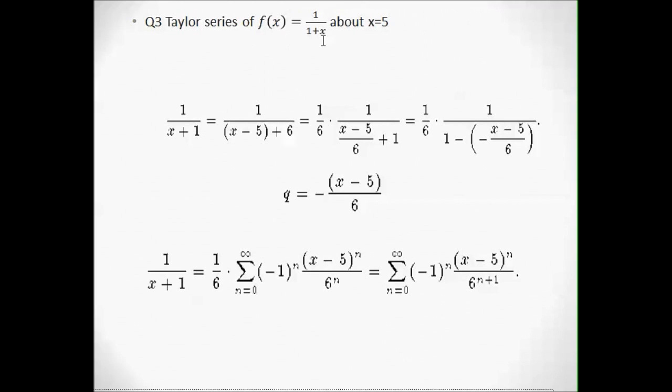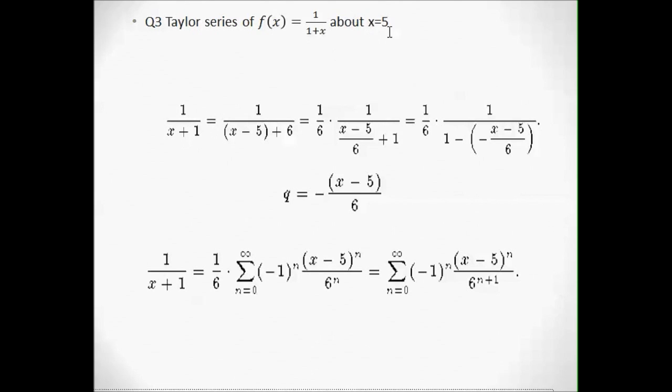This one is to find the Taylor series again for 1 over 1 plus x about x equals 5. This one is kind of special. It's harder to list down the derivatives because it's harder to differentiate, so what you can do is use the geometric form. As you can see here, x plus 1.